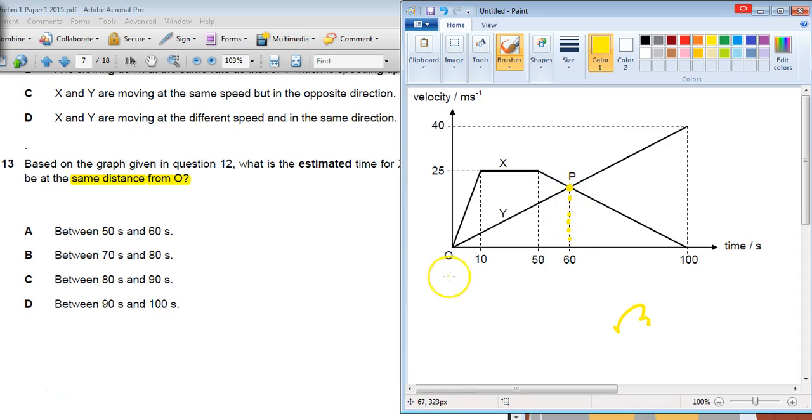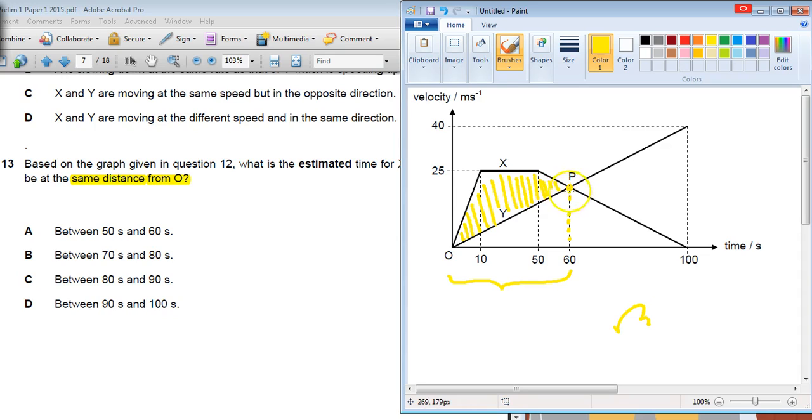You can see that from 0 to 60, x definitely covers more distance than y, as you can see from this extra bit of area under the line x. So we know that from 0 to 60, x has covered much more distance than y because of this extra bit of area. So you already know that option A cannot be the answer.